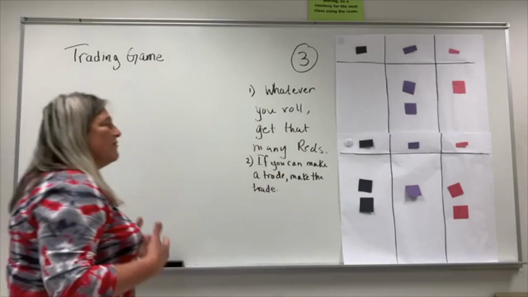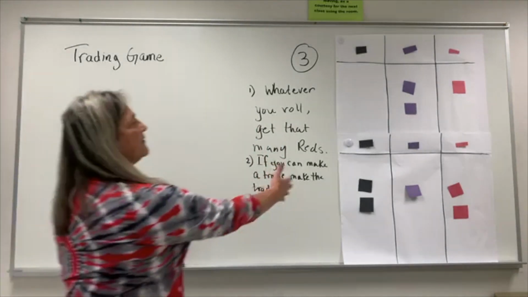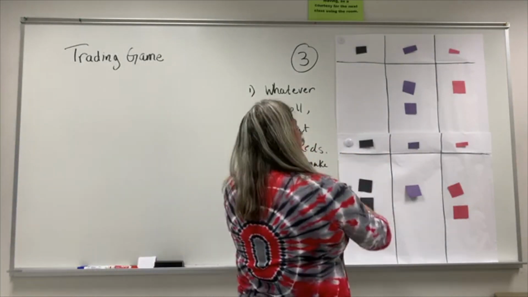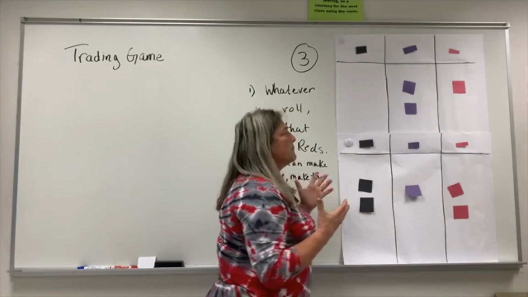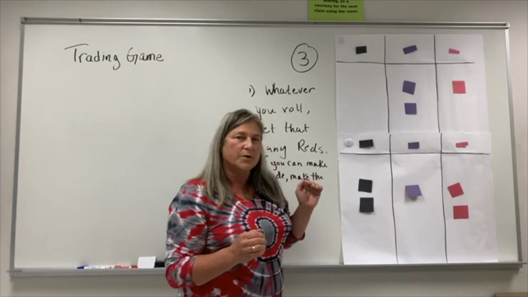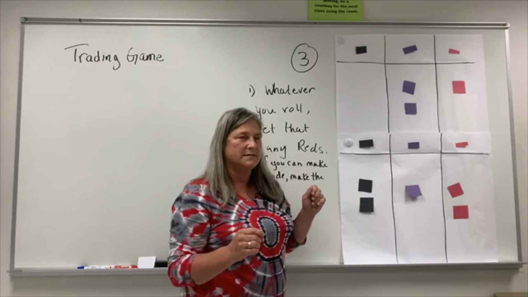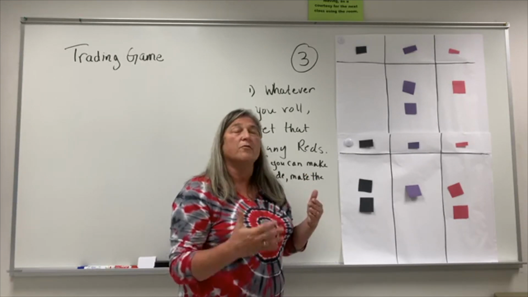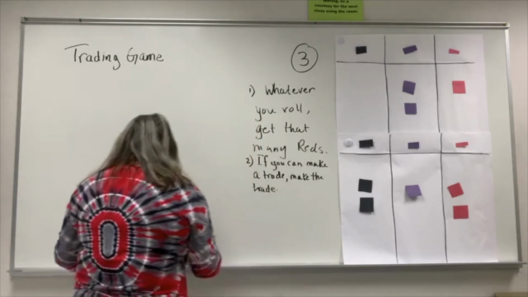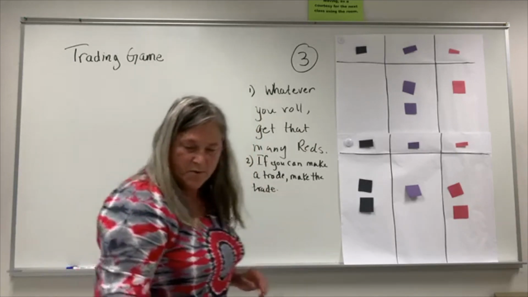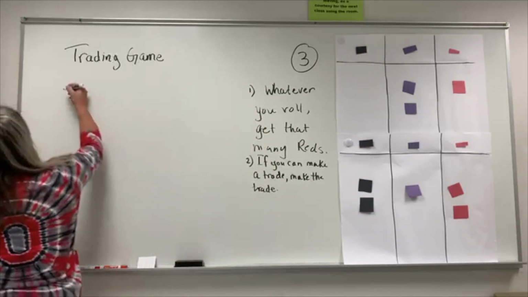All right, so what can we do with this? So we can look right here and we can figure out how many reds each board is worth. So let's think about that for a second. How many reds is each board worth? Or we could say, what is the value of the board? Let me write this down.